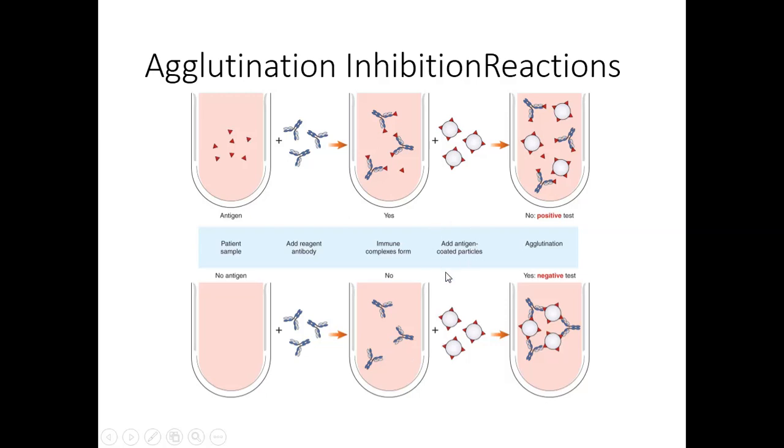We add those antigen-coated particles, and in this case, they bind to the FAB sites. They're not in excess, and they're not competing with something else, so they're able to form those lattice formations. They fall out of solution.